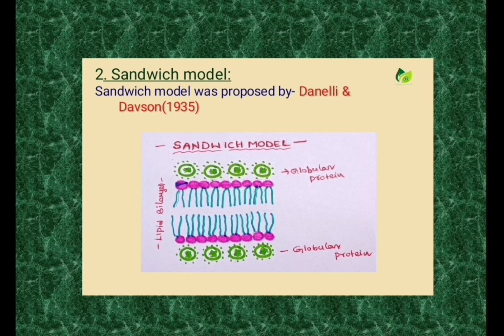This model states the same points as mentioned in the above model, but the only difference is the lipid bilayer is sandwiched between two continuous layers of globular proteins. You can see the globular proteins in the picture. That is the only difference between the bilayer model and the sandwich model.